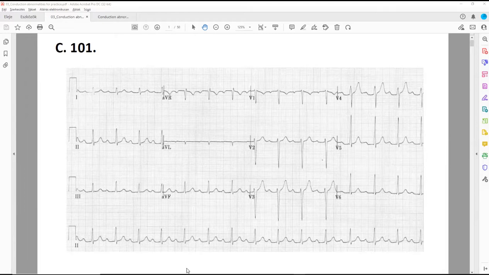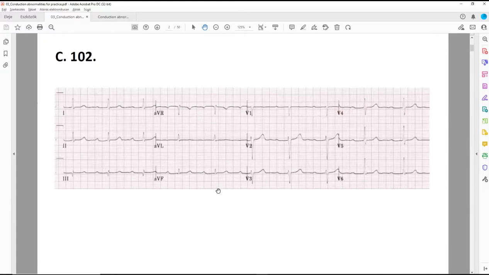Hello. Okay, so you have the 102, yes? Good. Let's see, 102 is identical with 101, so it's not a big deal. Let's start to evaluate this ECG, please. We see it's rhythmic. We can calculate the heart rate.